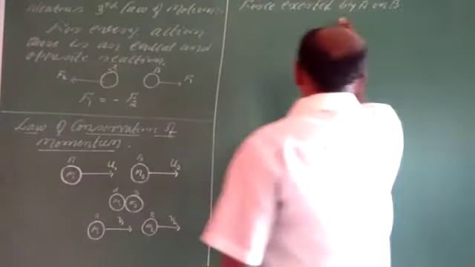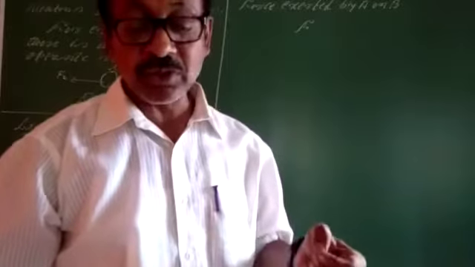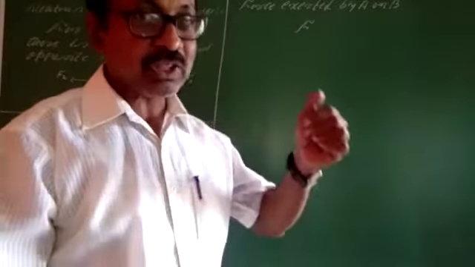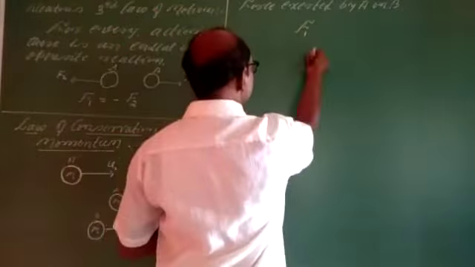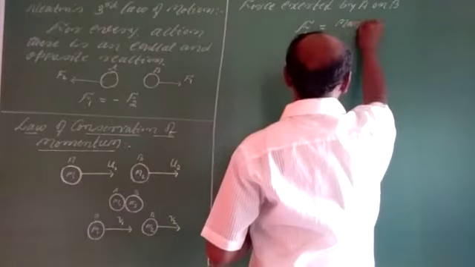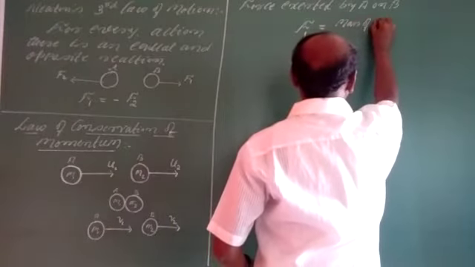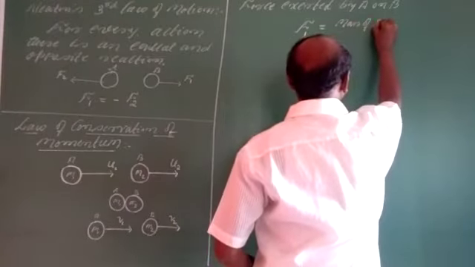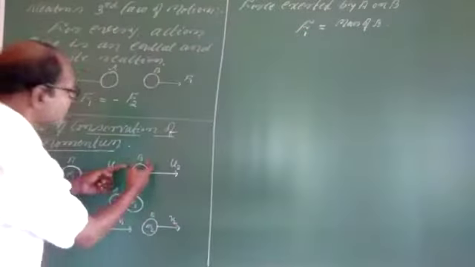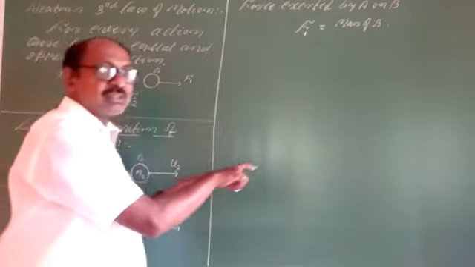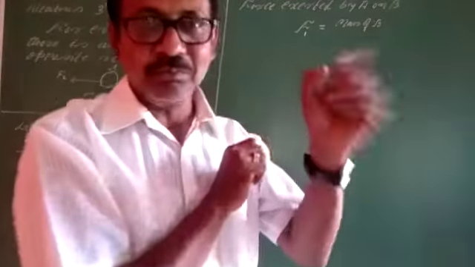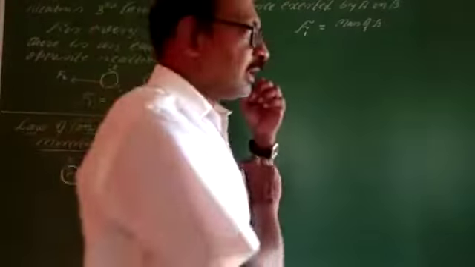So force is nothing but F1. Let us consider this F1 is equal to the mass of the body B and also the velocity of that body B. We have to consider both these things.